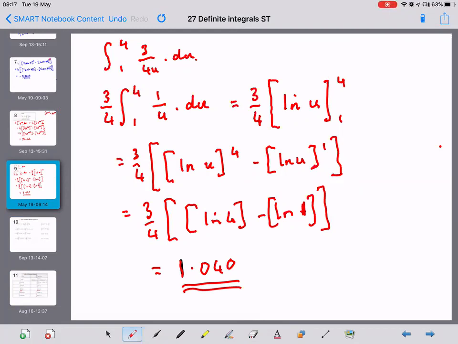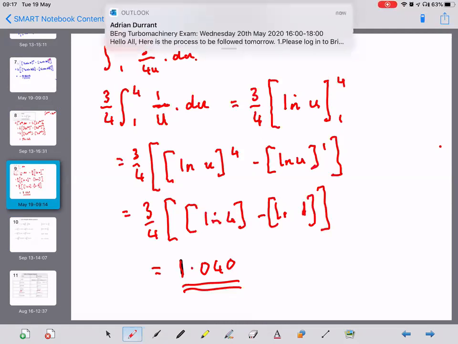Mike? Yeah. When you went from the first equation to the second line, where did the u go on the 3/4? That's here. It's underneath. This is u. No, I just didn't know why it left the 3/4.